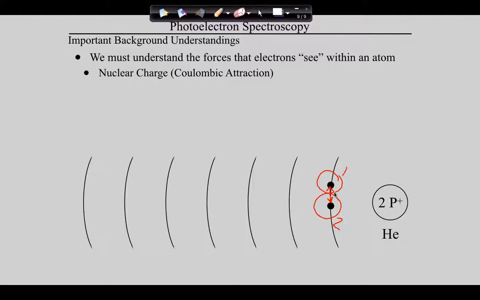And again, this is all treating electrons like particles, but it's okay. So there is a repulsion between these electrons, but it doesn't change the attractive force that both of these electrons see from the nucleus, because that repulsive force is coming from the same plane, if you will. Does that make sense?